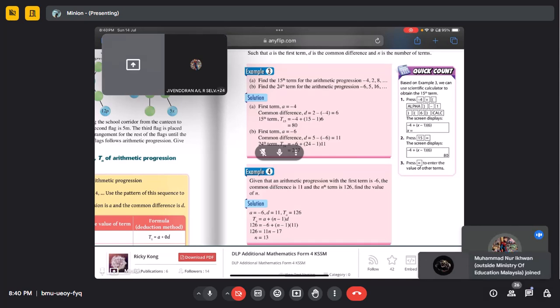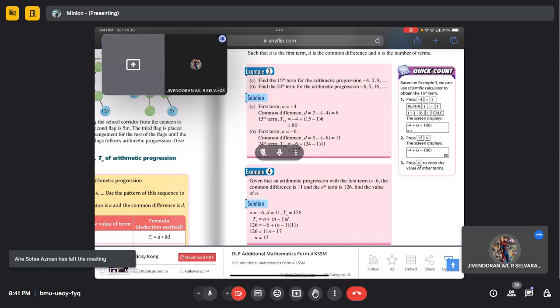For the second question, find the 24th term for the arithmetic progression -6, 5, and 16. By this sequence you can find out that the first term is -6, then for the common difference, you have to take the second term minus the first term. So 5 minus -6 will get 11.